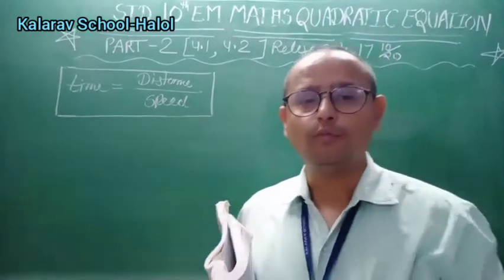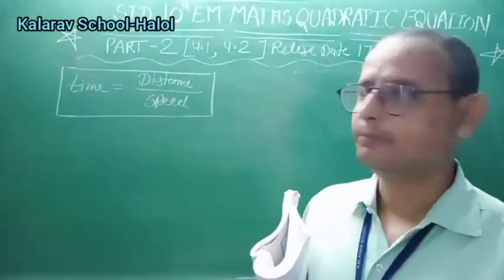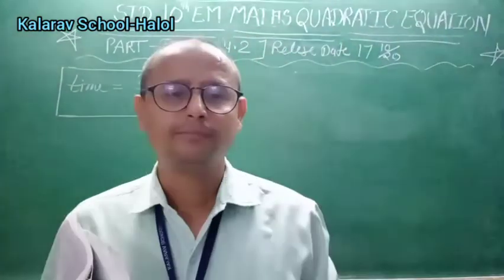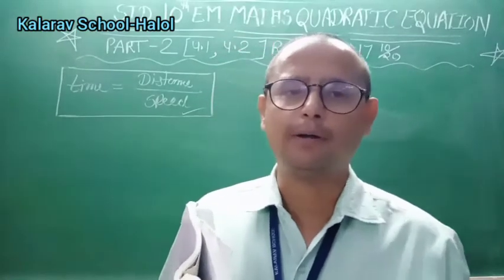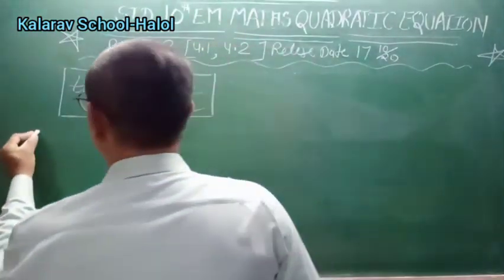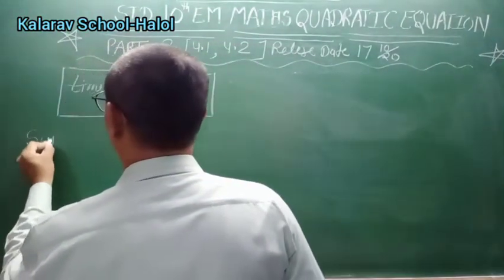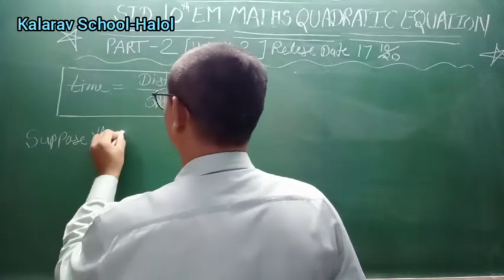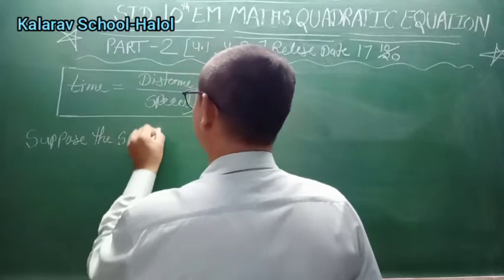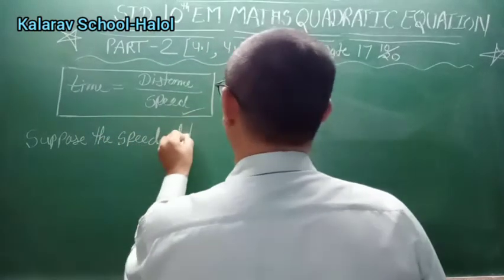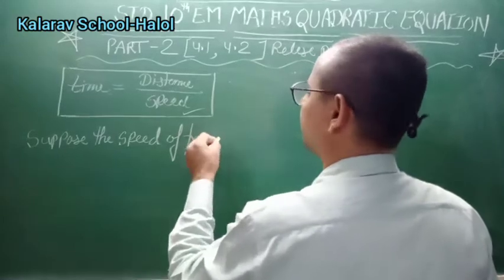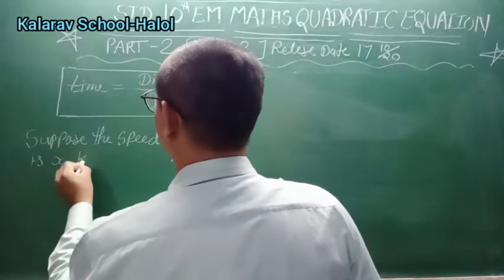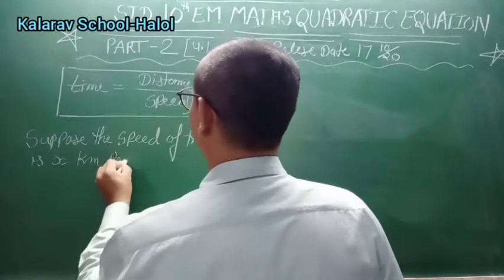So first of all, let's assume that speed of the train is x kilometer per hour. Suppose the speed of train is x kilometer per hour.